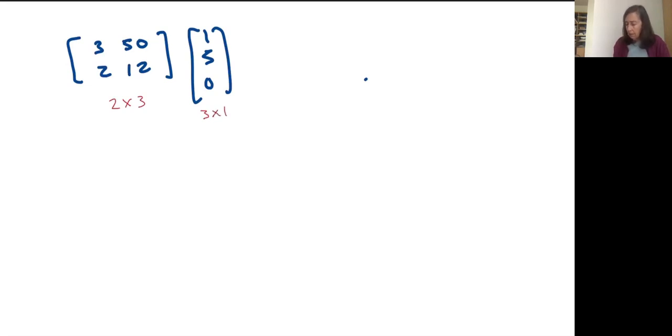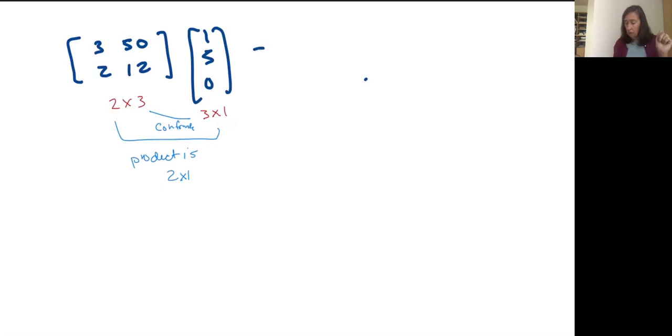We check that these are conformable. And here we can say the product is 2 by 1. The product will have the number of rows that are in the lead and the number of columns that are in the lag.